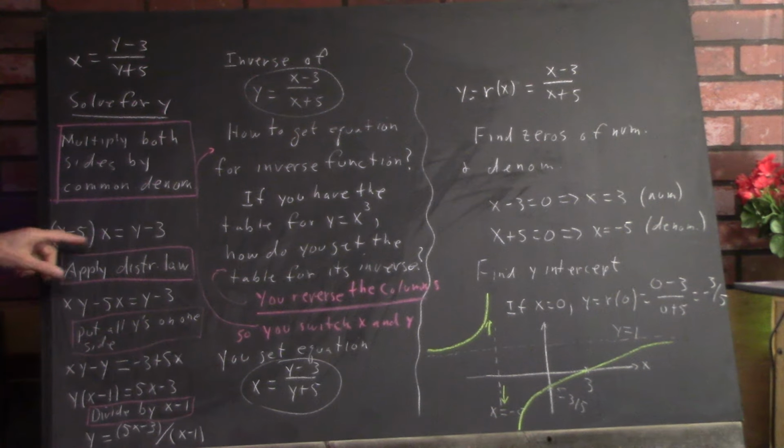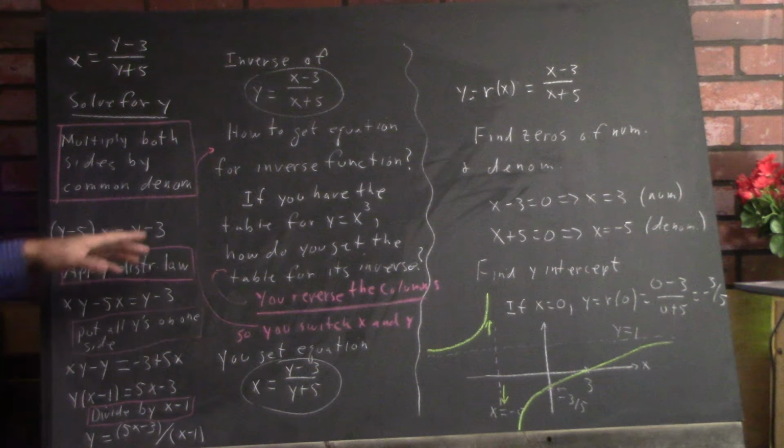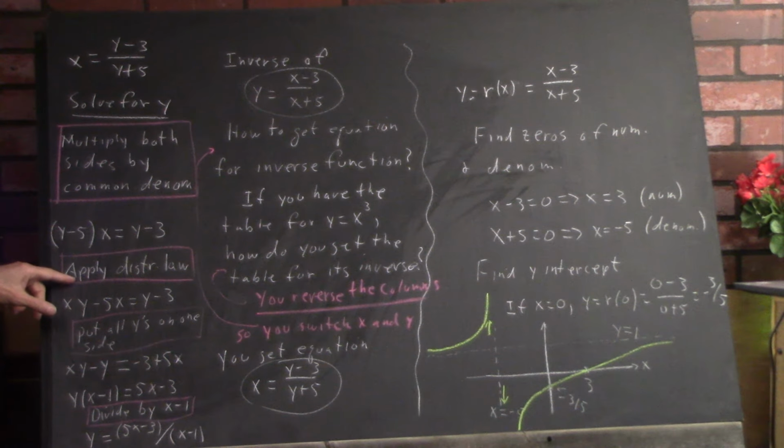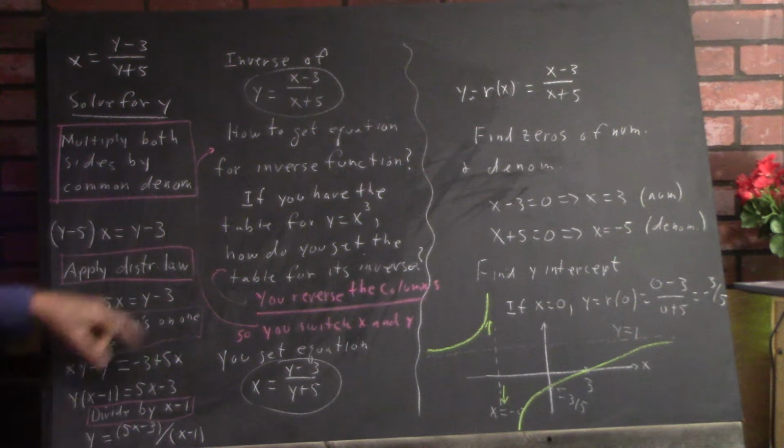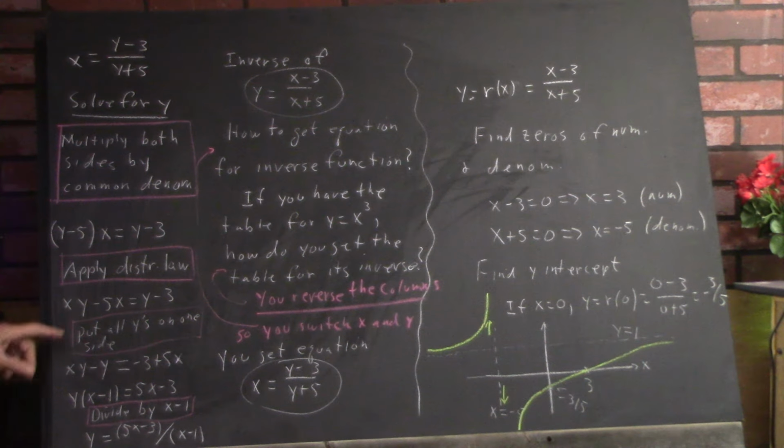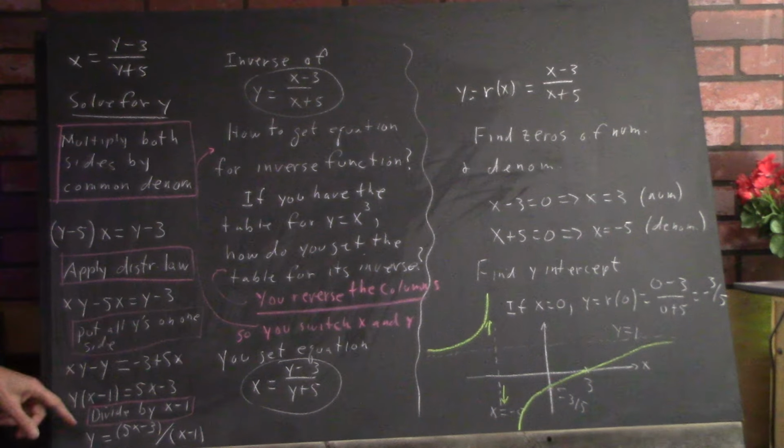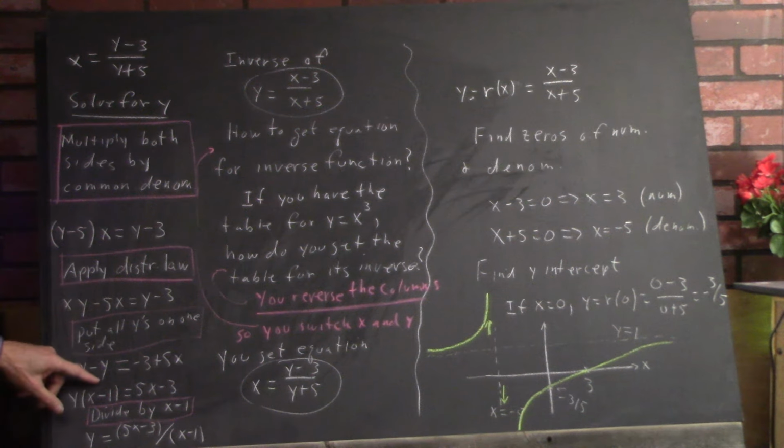Okay, so the next thing we do, we're going to solve for y. We've got a y bound up in this parentheses multiplied by x. We don't want that. So we apply the distributive law here, and we get y times x, which is xy, minus 5x. And that's still equal to y minus 3. Then we put all our y's on one side. Well, we've got a y over here. It's going to become a negative y when we subtract it from both sides. So we get xy minus y.